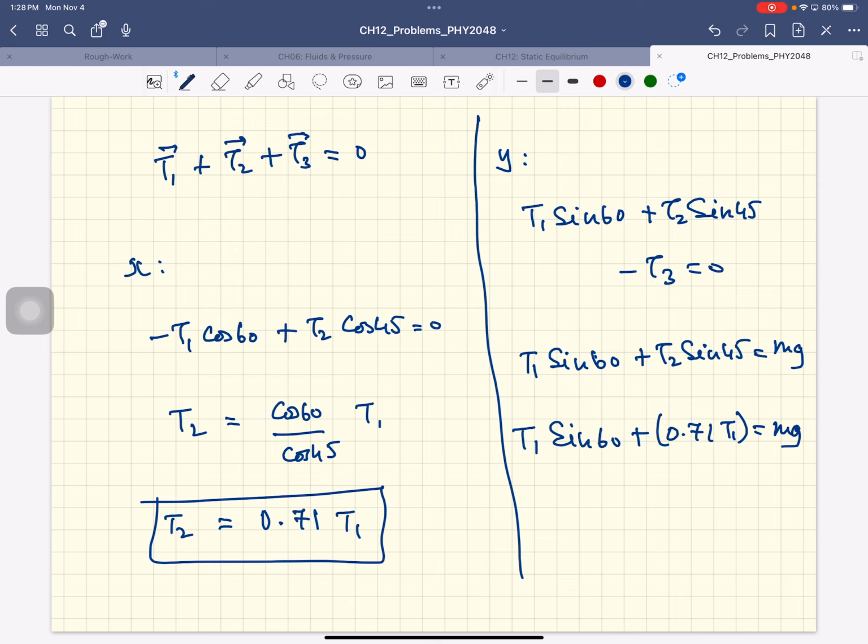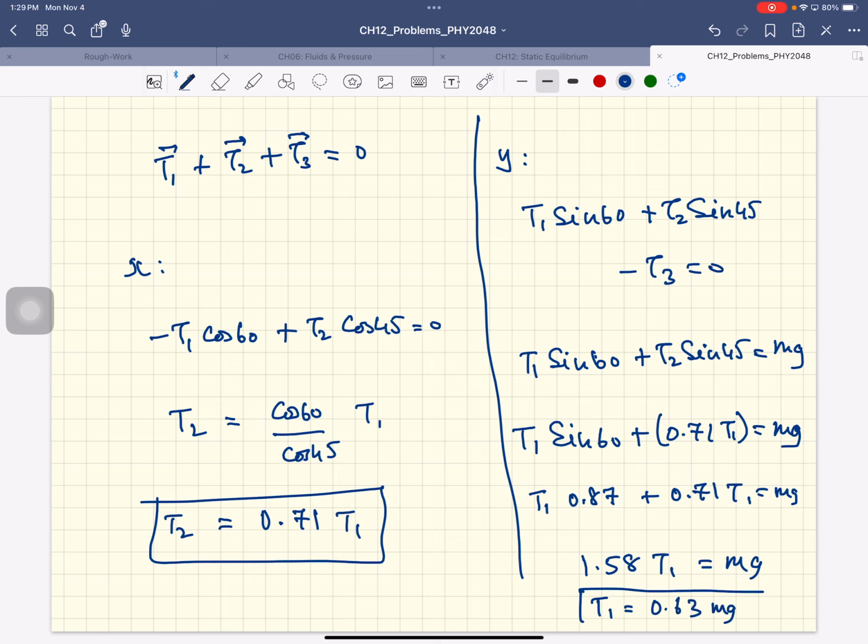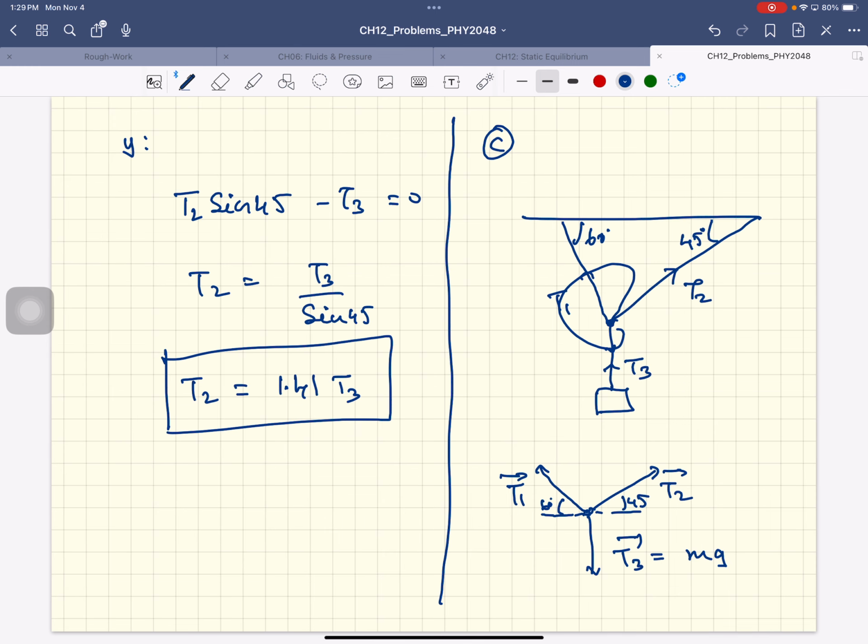Okay, so let's see how much does this work. All right, so the advantage of this structure is you can support this weight with cables.